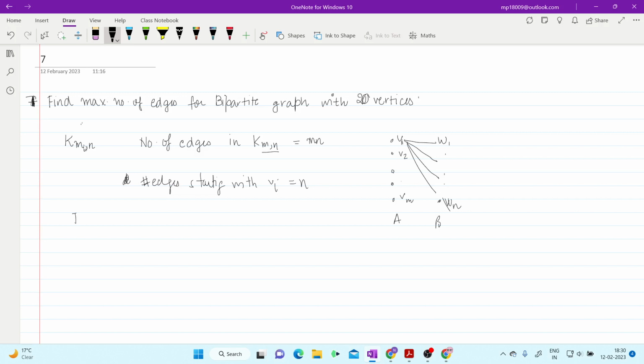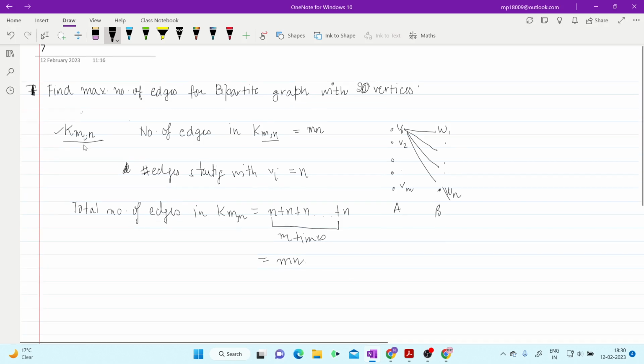So we can see the total number of edges in K_MN is N plus N plus N plus N, M times, which is MN. So is this clear why in a complete bipartite graph the number of edges is MN? Yes, ma'am.